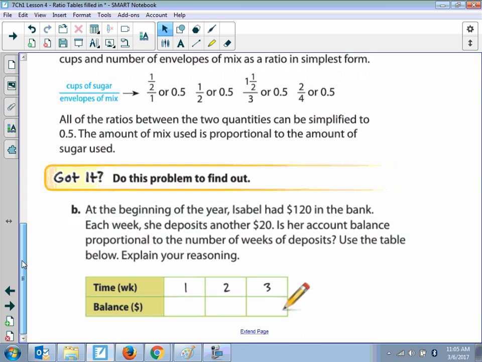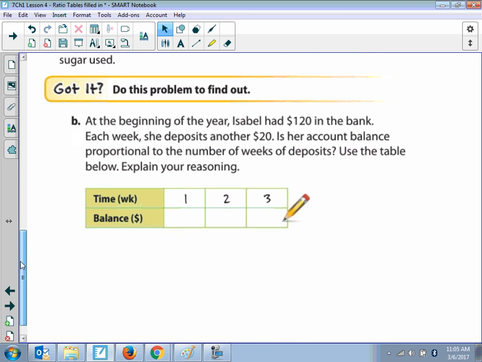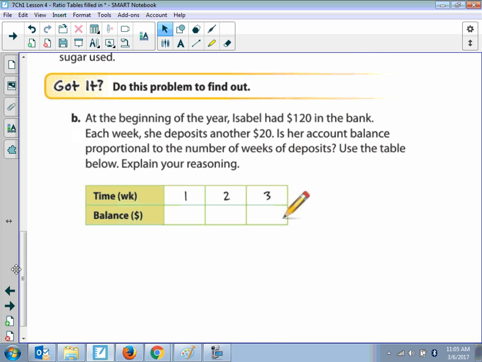All right. So let's take a look at the next problem. At the beginning of the year, Isabel had $120 in the bank. Each week, after that $120, she deposits another $20 in her account. We want to know, is her account balance proportional to the number of weeks of deposits? And we want to use the table to explain our reasoning.